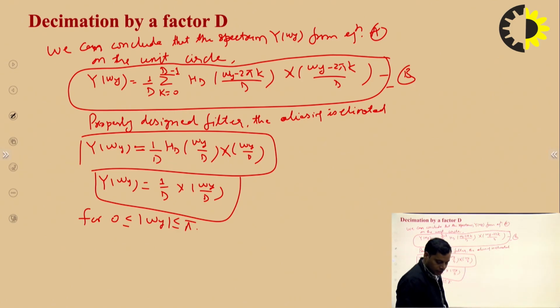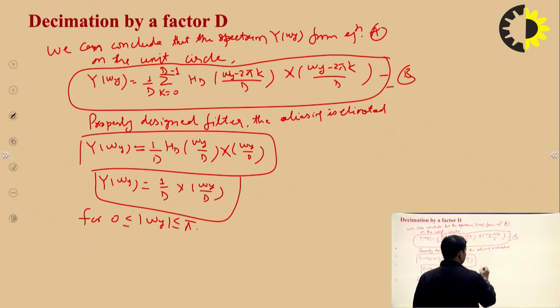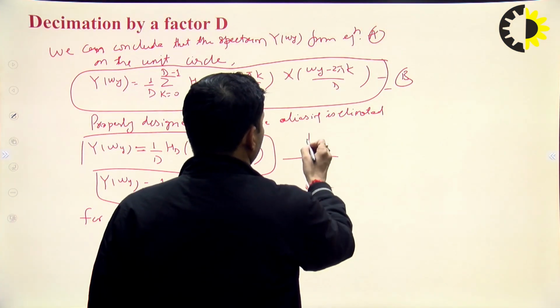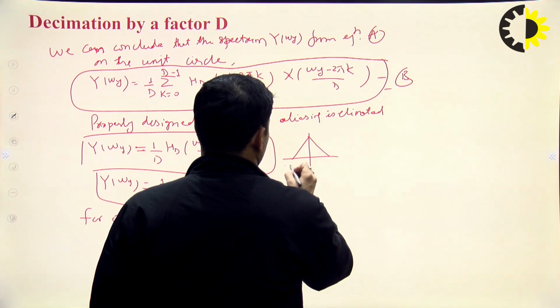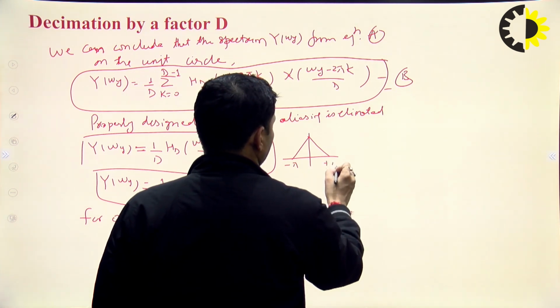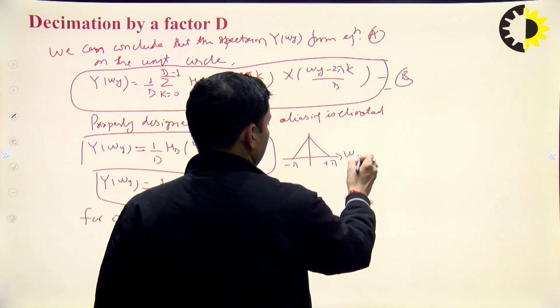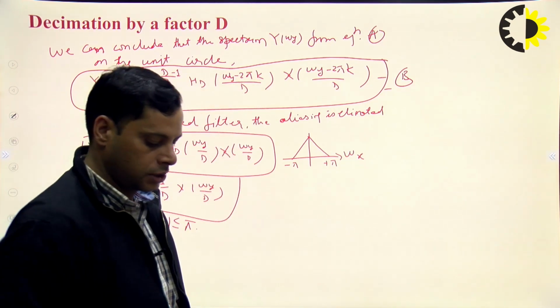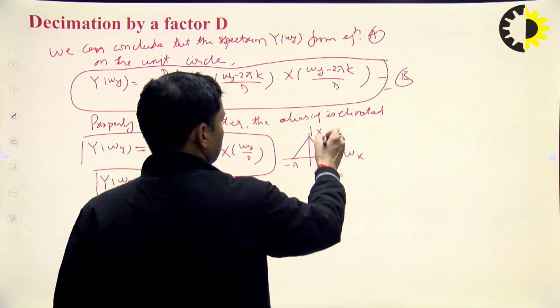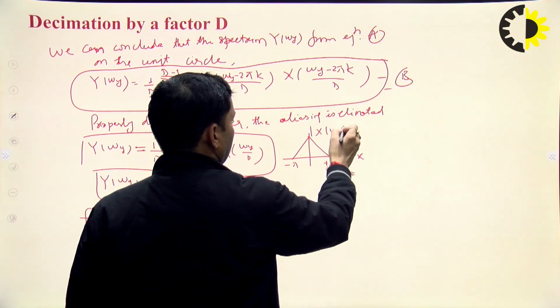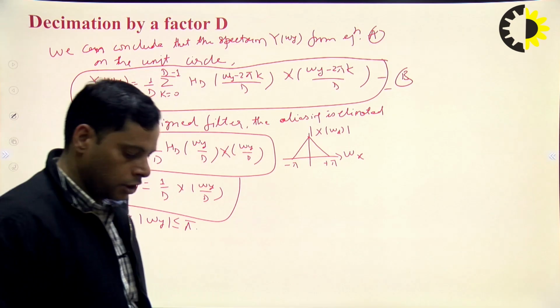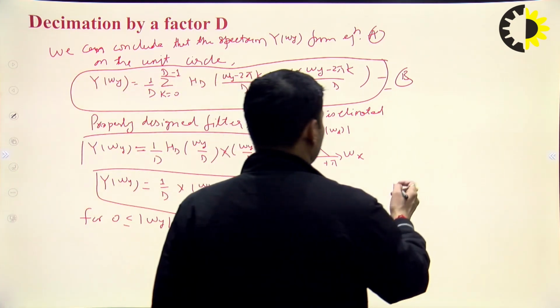Although, let us see a pictorial view here. Let us say we have the frequency response of any signal, from minus pi to plus pi for the range omega x here, this X of omega x input. Then what will be the output for the Hd?